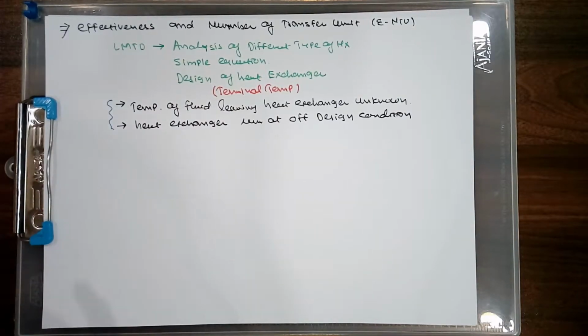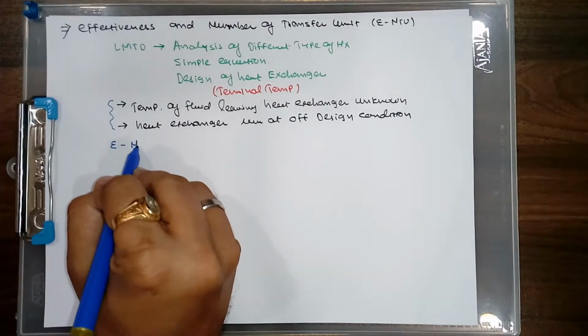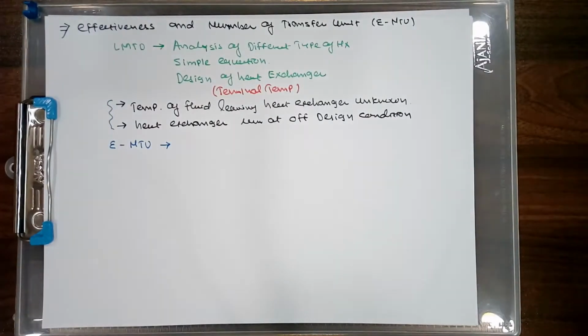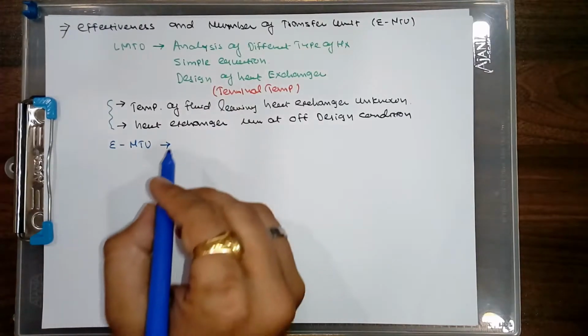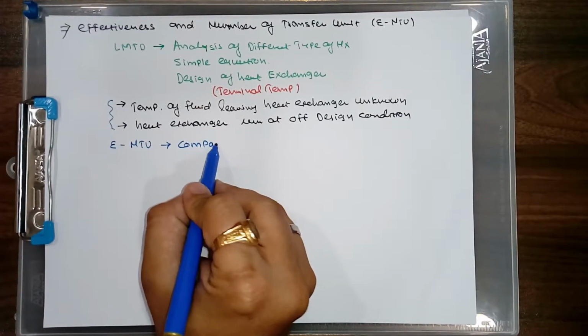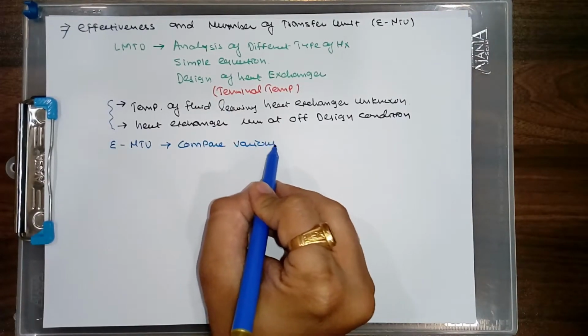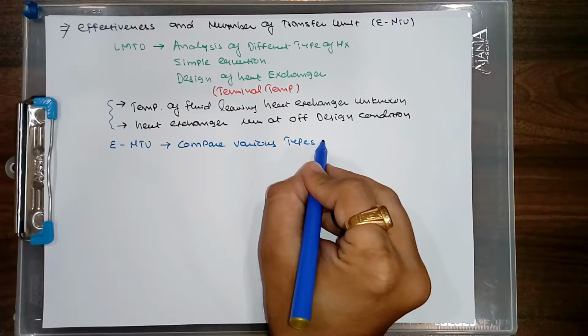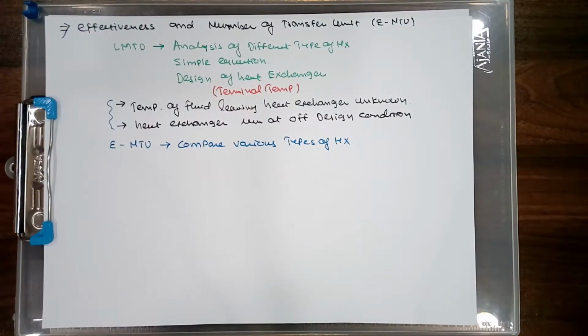So for this kind of situation, we need to analyze the heat exchanger using the effectiveness NTU method. The effectiveness NTU method has many advantages in thermal analysis problems, such as comparison between the types of heat exchanger: using this method we can compare the various types of heat exchanger, for the purpose of selection and for finding out the performance.